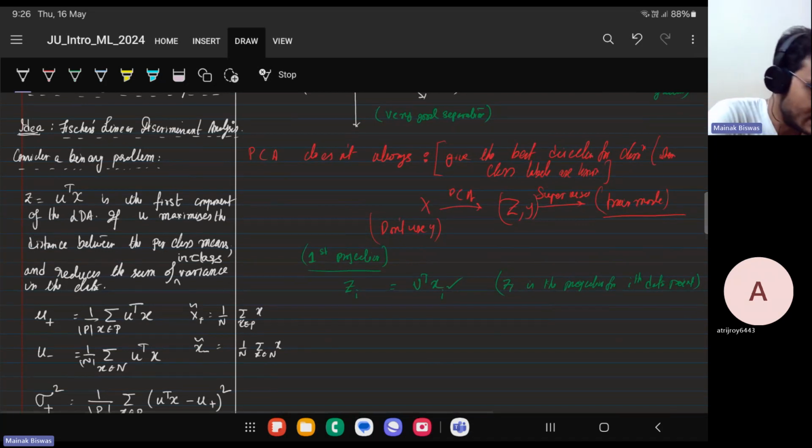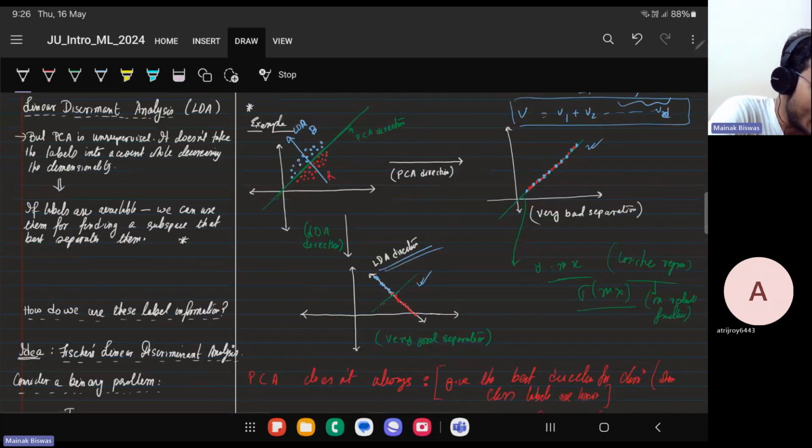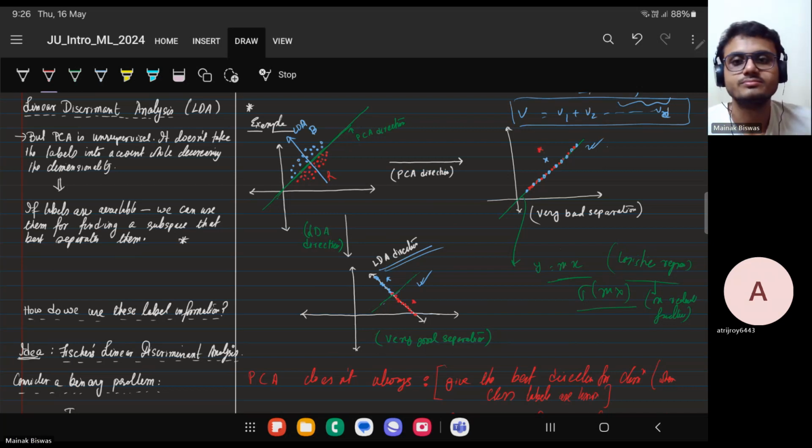Now, my idea is, what do I have to do? I want to maximize the distance between the means of these two classes. Yes or no? Here, the means were very, very close to one another. If I can separate the means in some way, I'll be good.